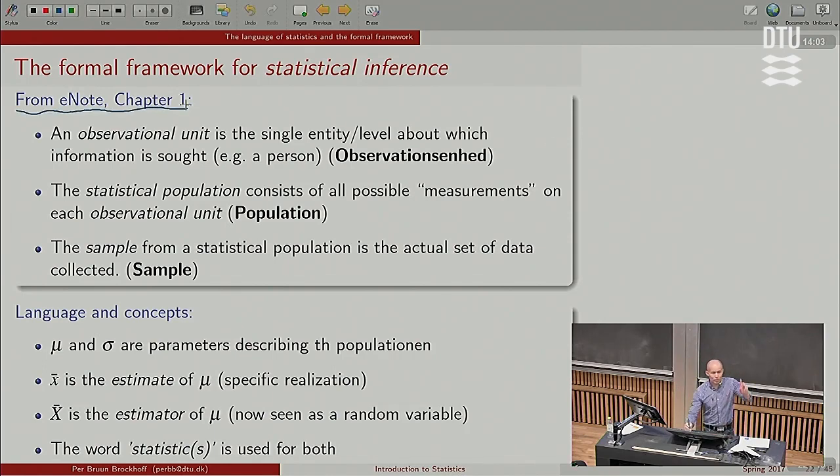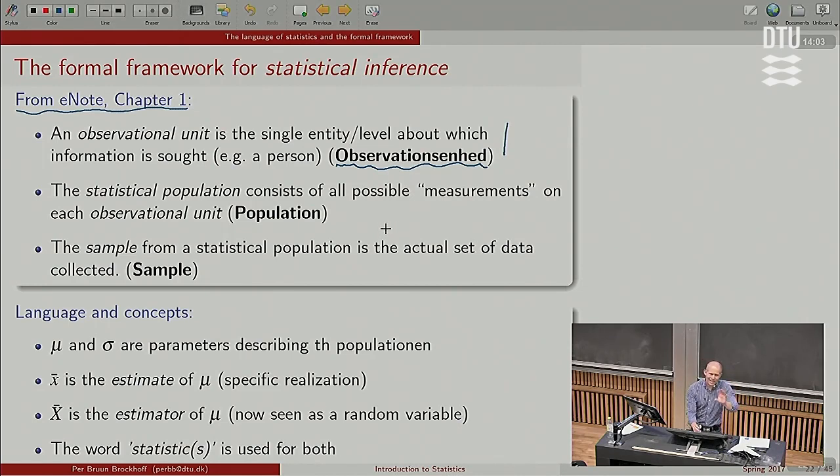The observational unit in the height example, we'll see that it's the person. Here you learn a little Danish also, so observational unit. That's the person in the height example. The statistical population, we use the word population when we do it in the statistical scientific sense.